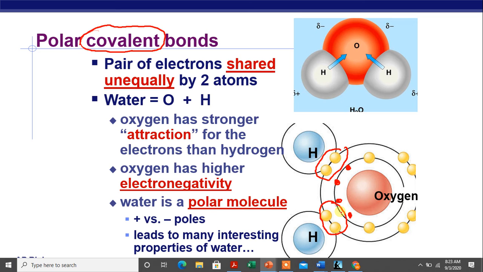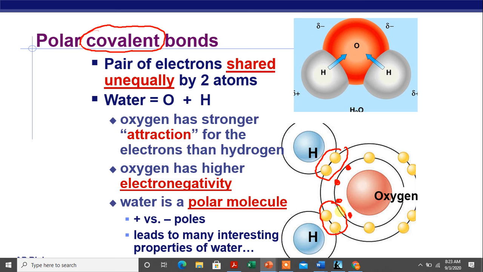How do I know that they would be closer to oxygen than hydrogen? It's because oxygen has a stronger attraction for the electrons than hydrogen. Oxygen, air quotes, wants them more. And that goes back to an idea from chemistry called electronegativity.